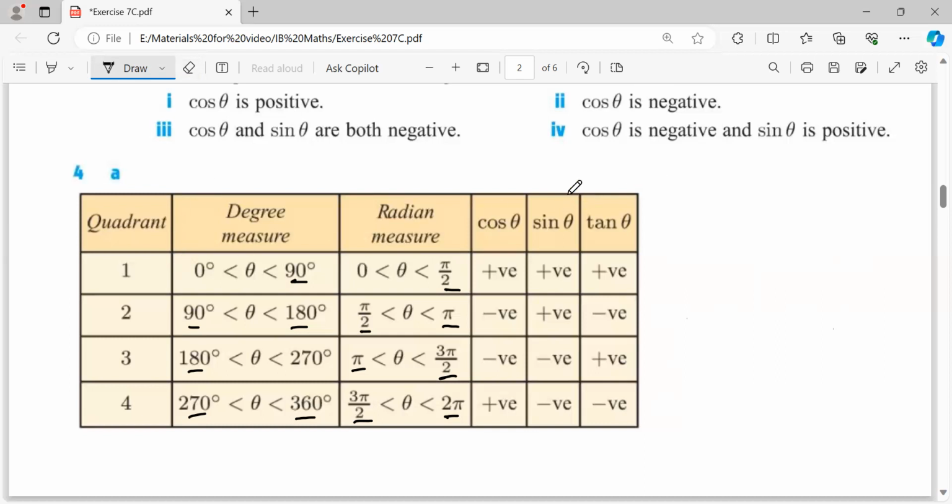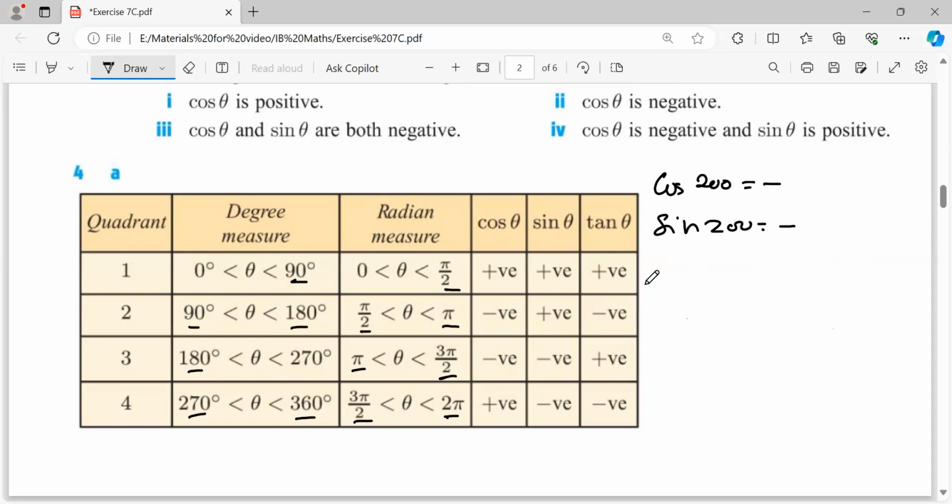For example, cosine 200, if you check on a calculator, you're going to have a negative number. And sine 200 as well is a negative number. So it means tangent, negative over negative, equals positive.